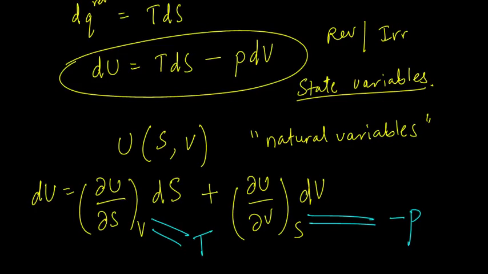Similar things I can do with enthalpy. So dH is equal to dU plus d(PV), or I could straight away write PdV plus VdP.